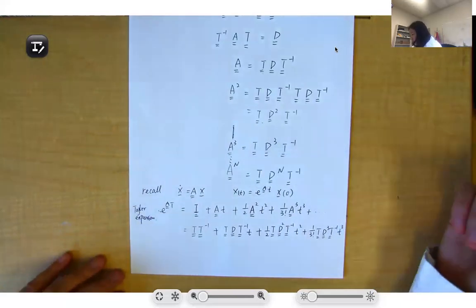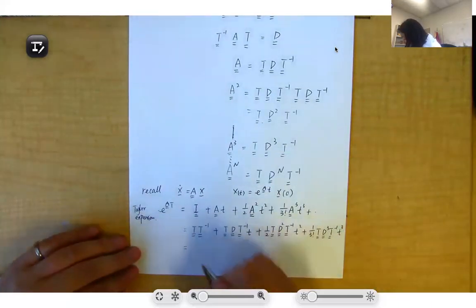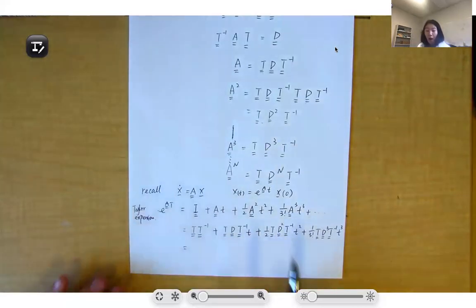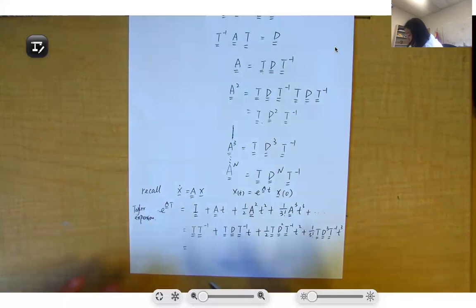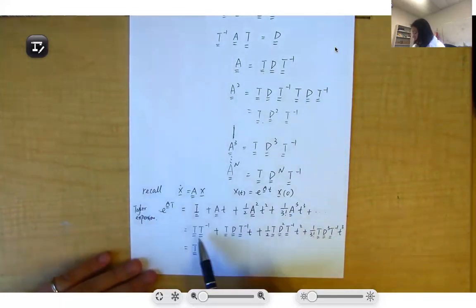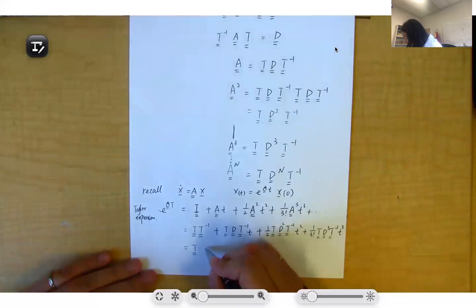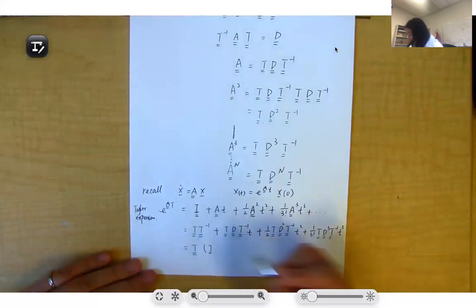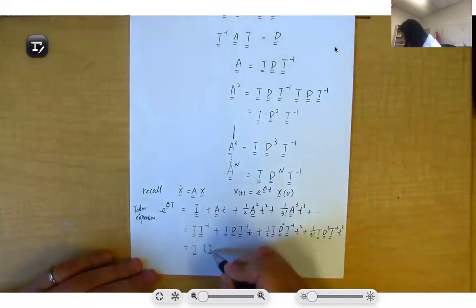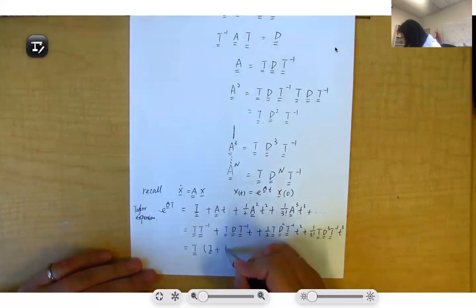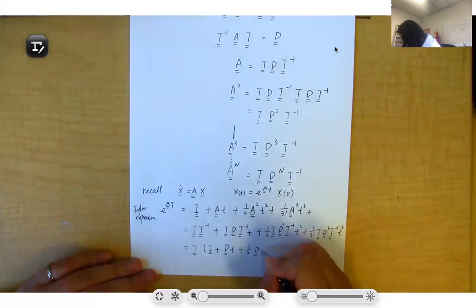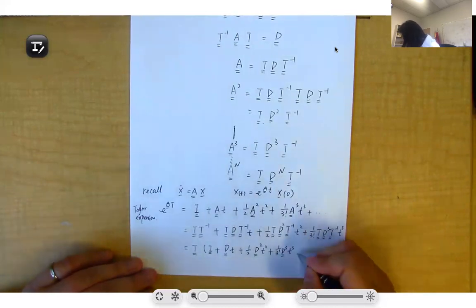Okay, and what that tells us is, we put all the T on the left. All the terms have this T, so it will be T times identity matrix plus D t plus one half of D squared t squared plus 1 over 3 factorial D cubed t cubed plus dot dot dot.